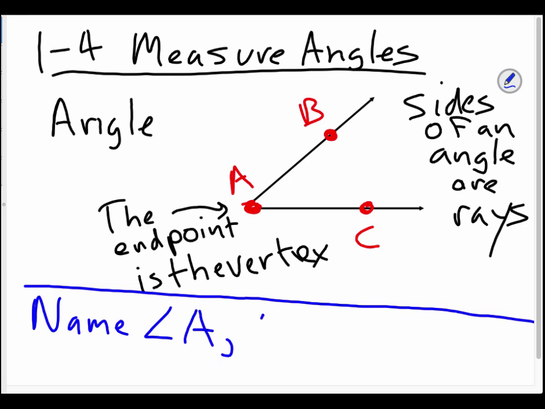In other words, I could say angle, starting with B, put B, then going to A, then going to C. Another way I could do that is I could start at C, then going to A, then going to B.